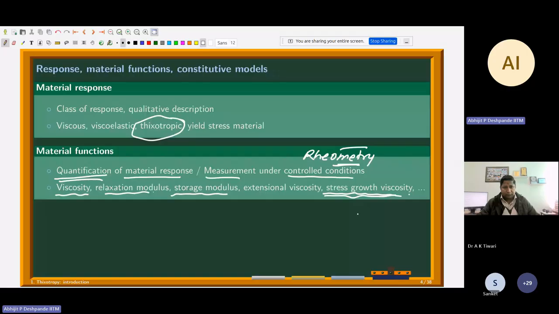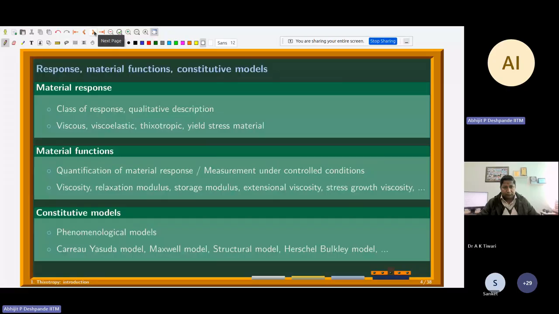However, the understanding is not complete until we do modeling also. Generally, the first step towards doing modeling is to use a phenomenological model. We can also, of course, do a microscopic model.